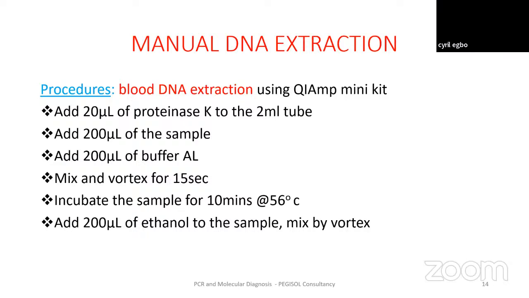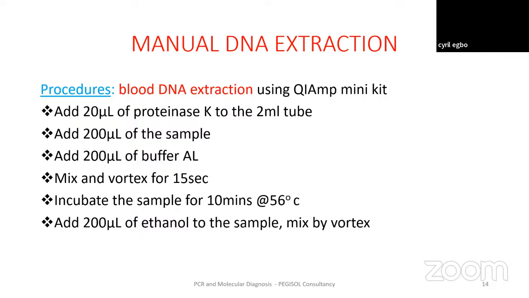I was explaining the manual process using Qiagen mini kits. There is what we call a microtube, and there are different sizes. We have 2 ml and we have 5 ml tubes. Using the 2 ml tube, for instance, you prepare your reagent, which is your proteinase K, into this 2 ml tube.